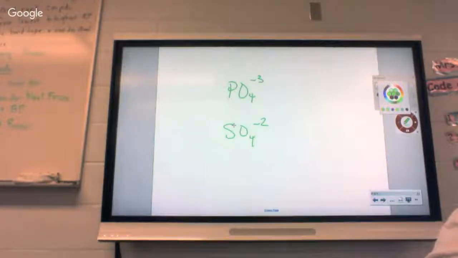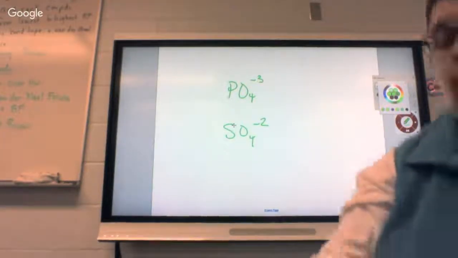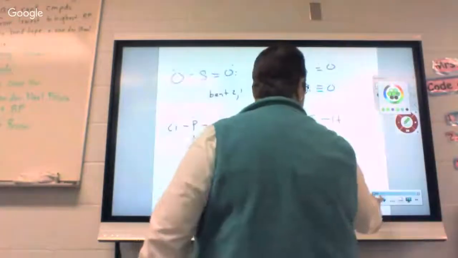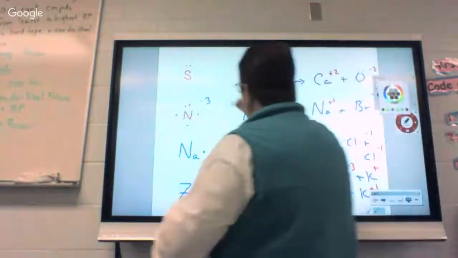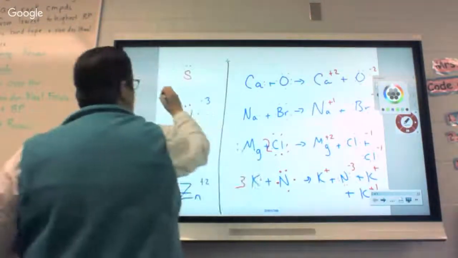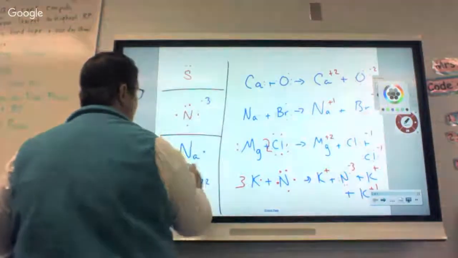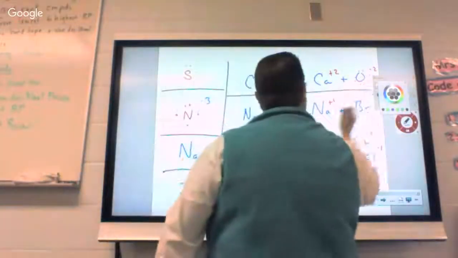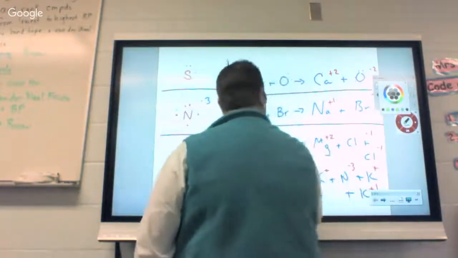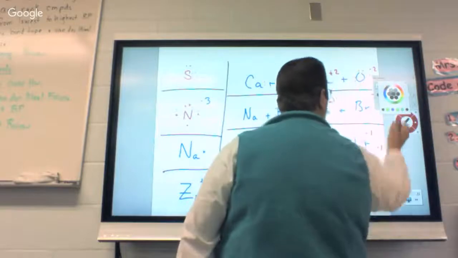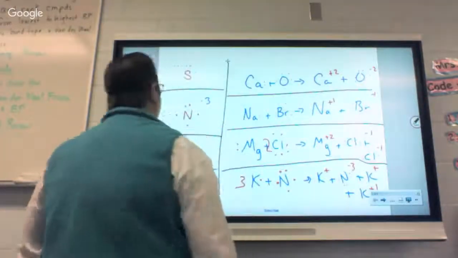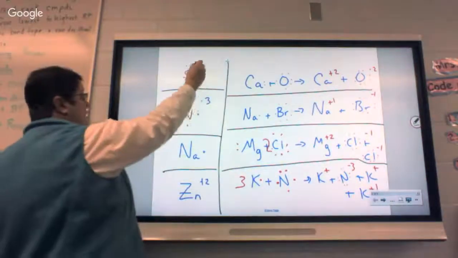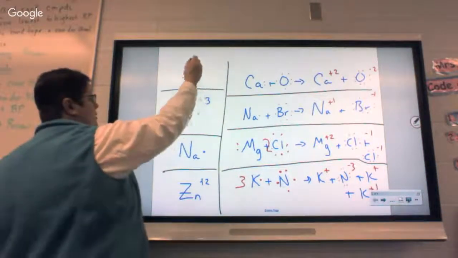All right, C, you have an atom of sulfur, and this is what I have on the board. All right, so this is the first row. If we look at this first dot diagram, sulfur has how many dots on it? 6.